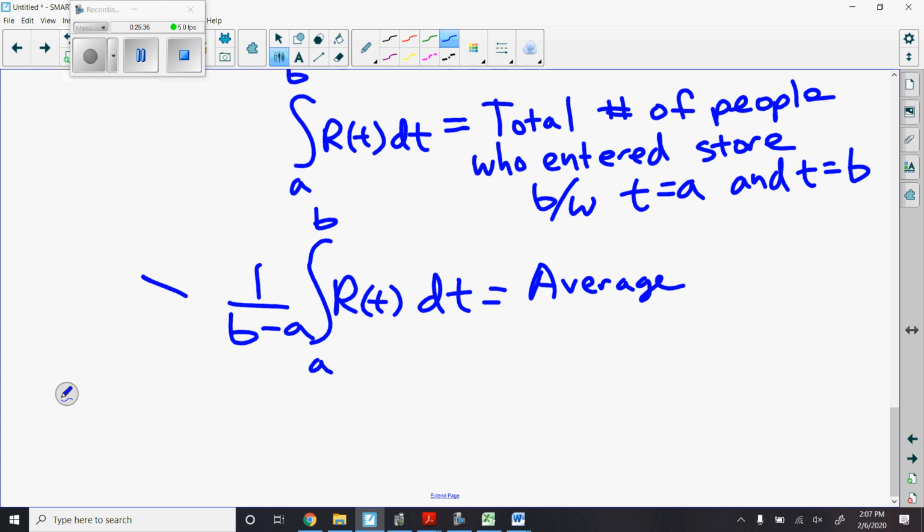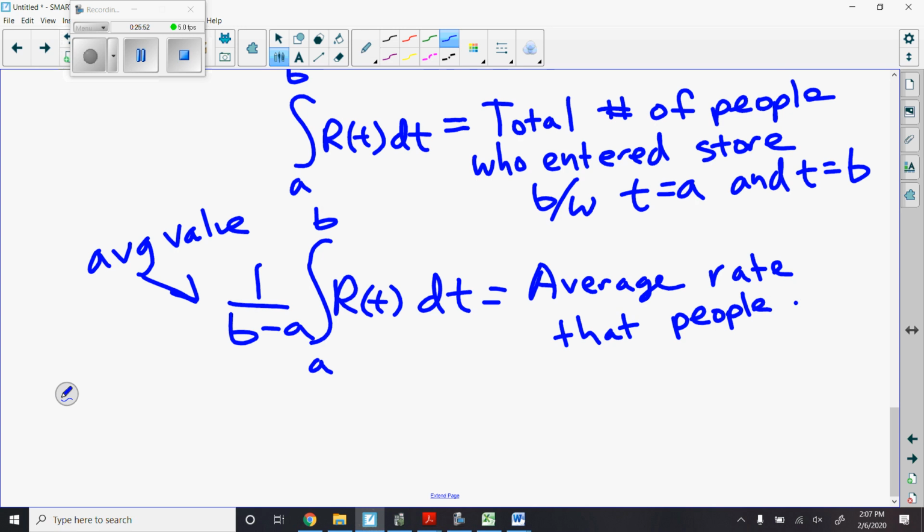So the unit would still be the rate, like people per minute.